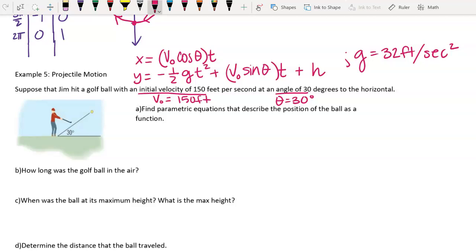How do you know h is 0? Right. It doesn't state, guys. It is 0 because you're hitting on the ground. You have a golf ball. Not true if, let's say that this question may be a basketball player, right? Would you agree h may be different depending on how tall the basketball player is or where the ball is? But this one would assume the golf ball is on the ground.